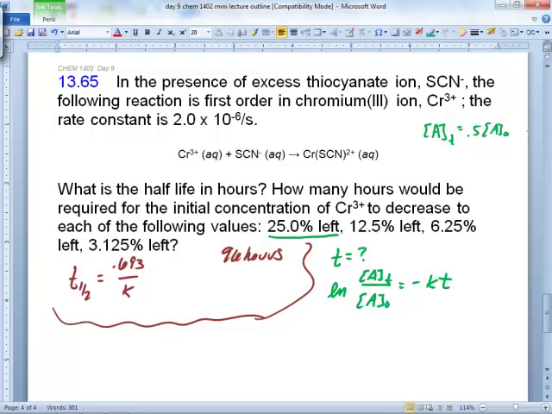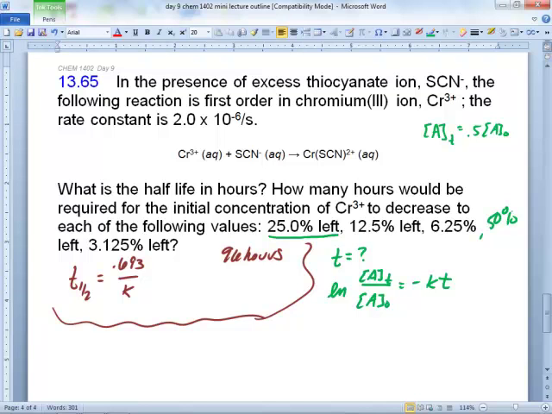Does that make sense to you? If at time t you have 50%, that'd be 0.5 A0. Okay, now this is the trick. Once you see the trick, it won't be so bad. Let's just add 50% into this list. So A at time t is 0.5 A0.